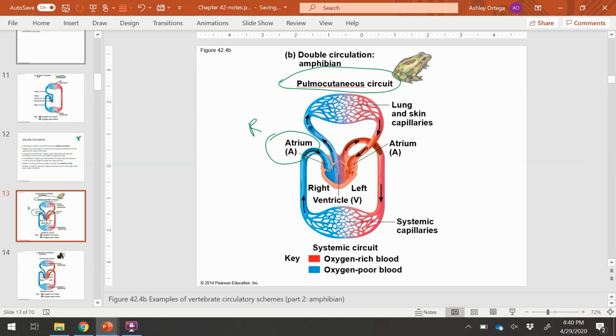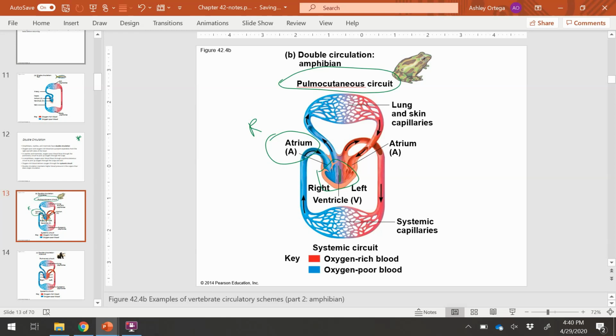And so starting with the right atrium, oxygen-poor blood gets stored up temporarily, then gets pushed through the one ventricle that's here. From there, for the double circulation, the amphibians actually do have a ridge in this purple region that keeps about 90% of the blood going in the right direction.